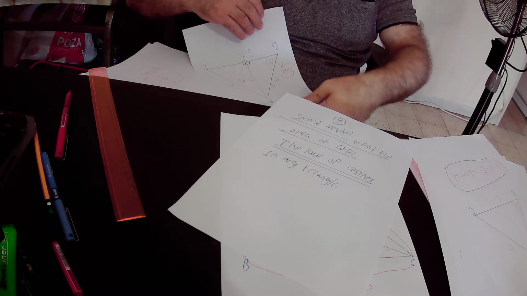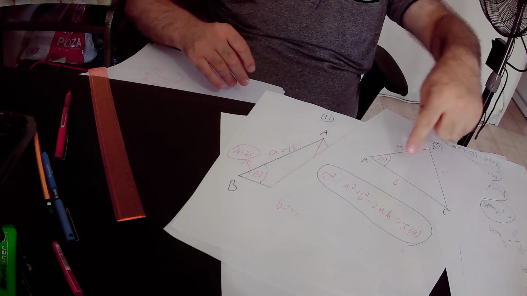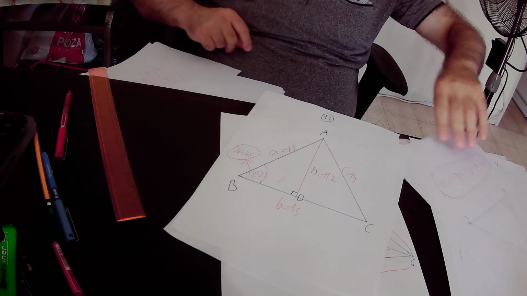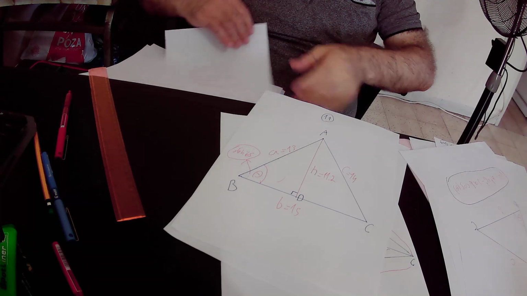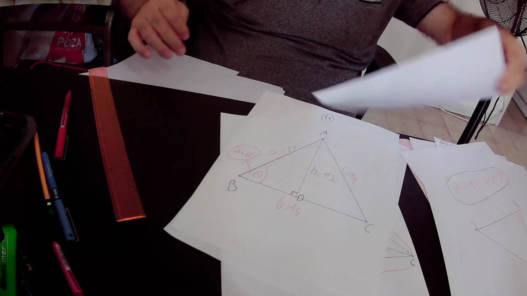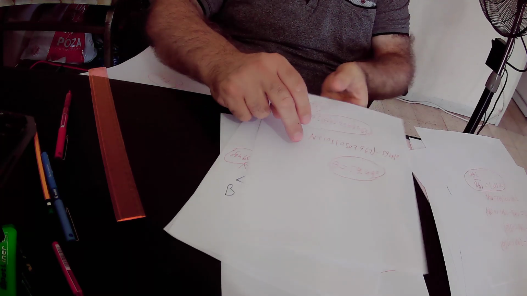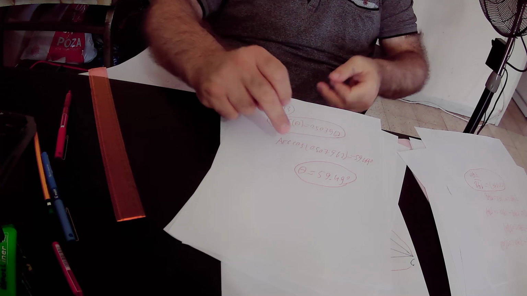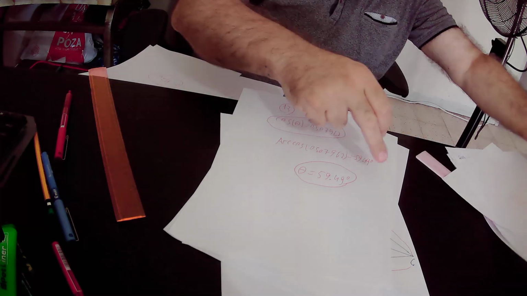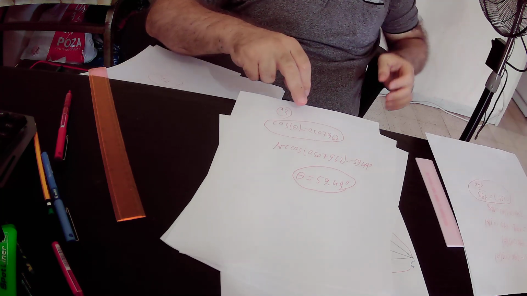The only missing variable that we have here is cosine theta. We know the values of a, b, and c, and we found out that cosine theta equals 198 over 390, or cosine theta equals 0.507962, and we applied the inverse function of cosine on the outcome in order to find the value of theta.